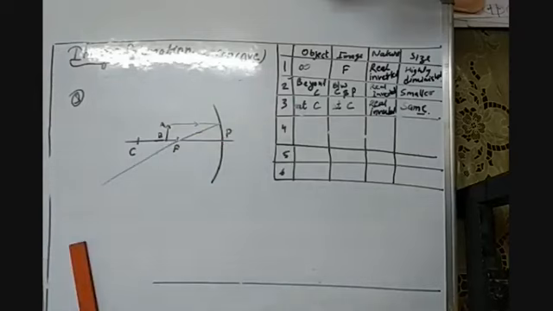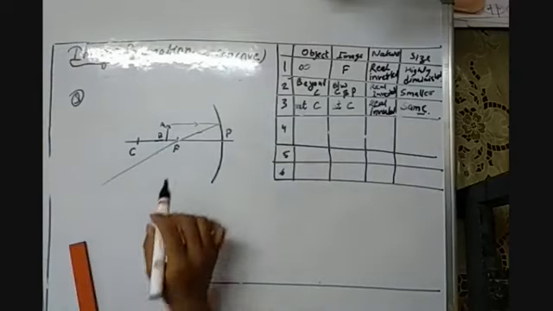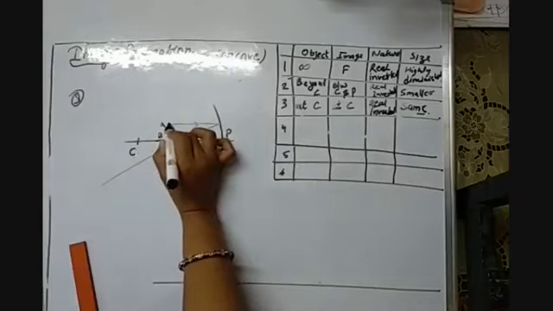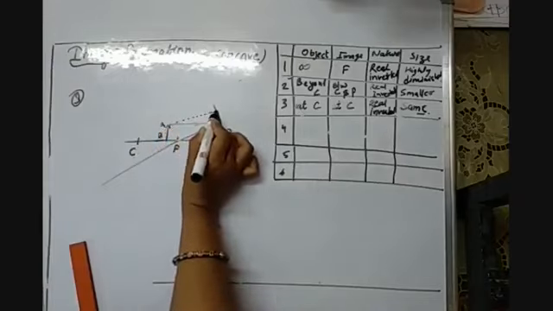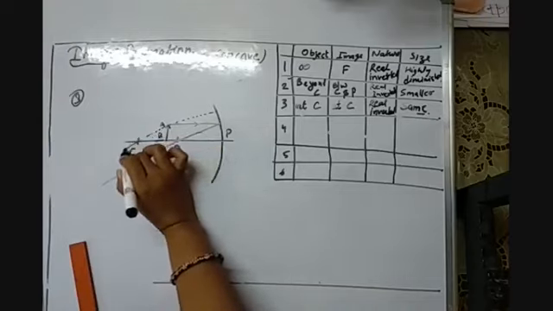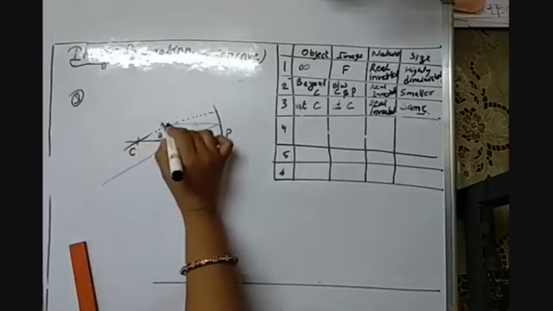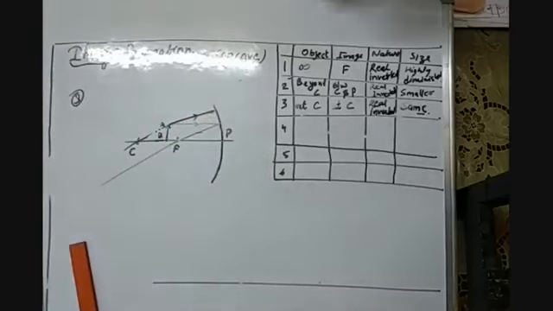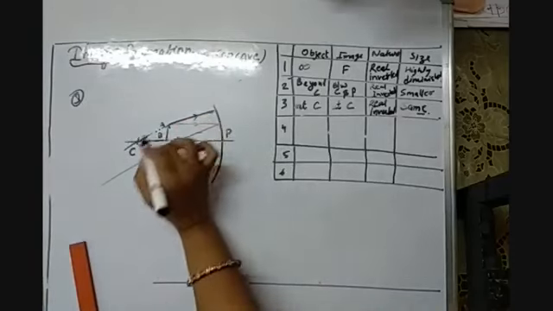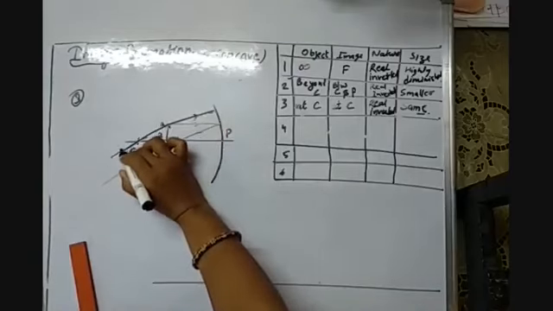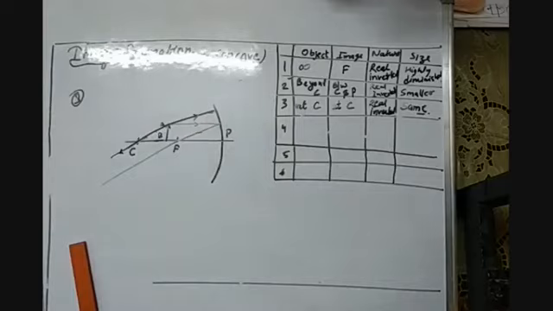Now the second ray that we can choose is the light ray incident on the spherical mirror in such a way that it seems to come from the center of curvature. So this is the incident light. After reflection, it will retrace its path and will pass through the center of curvature.